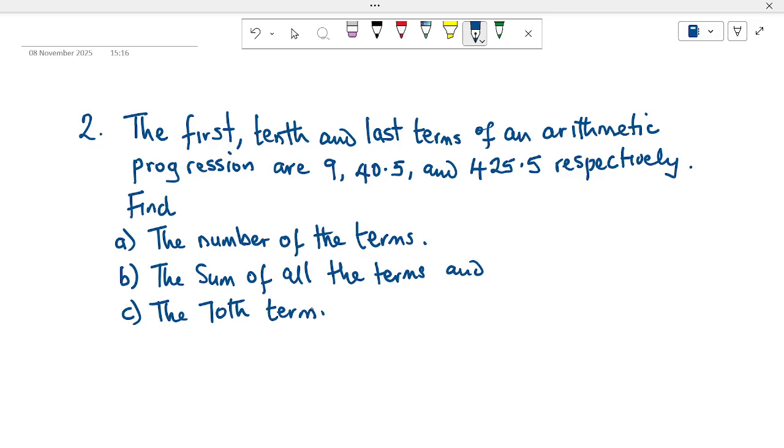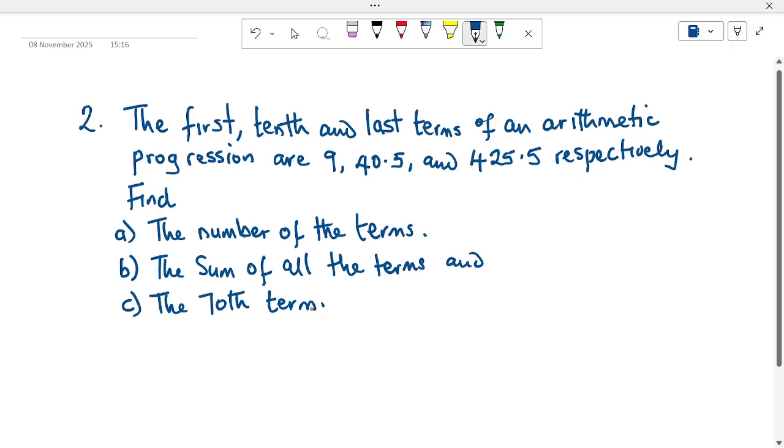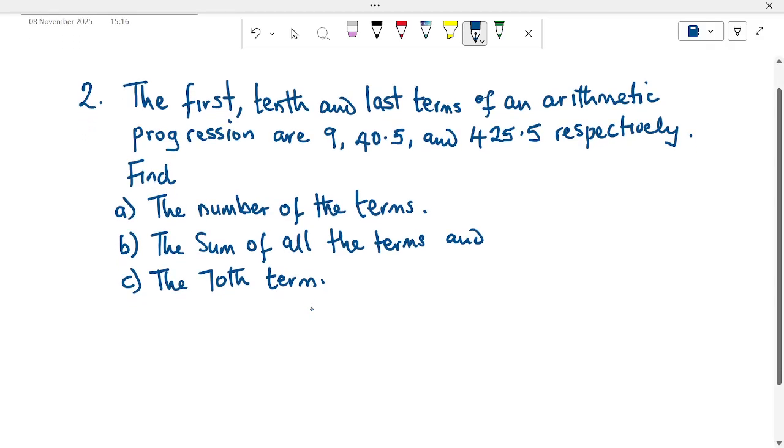Okay, that's the question for number 2, part 1. It's an AP/GP question, but this particular one is an arithmetic progression. Let's move on to solve it. Have you looked at the questions very well?